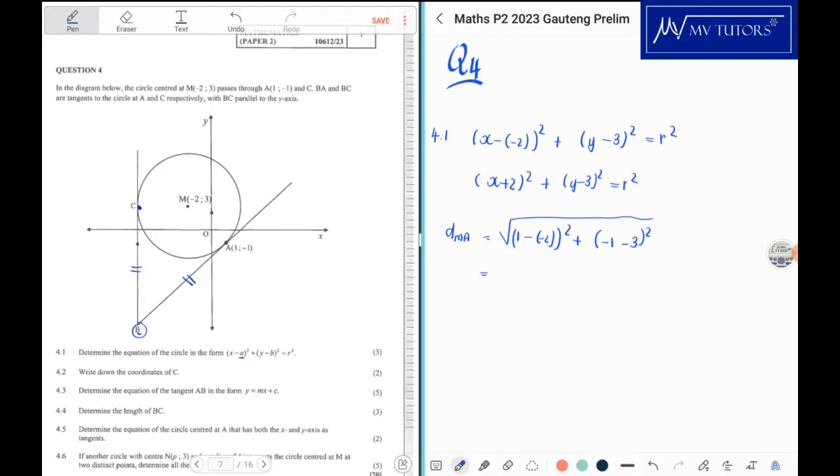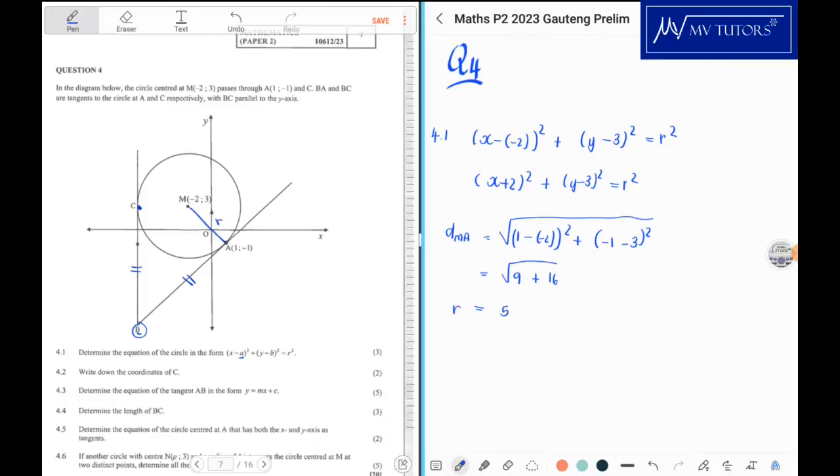So 1 plus 2, that will be 3. 3 squared is 9. And then we have negative 1 minus 3, which is negative 4. Negative 4 squared is 16. And 9 plus 16 is 25. Root 25 is 5. So at least we know what MA is, and MA really is our radius.